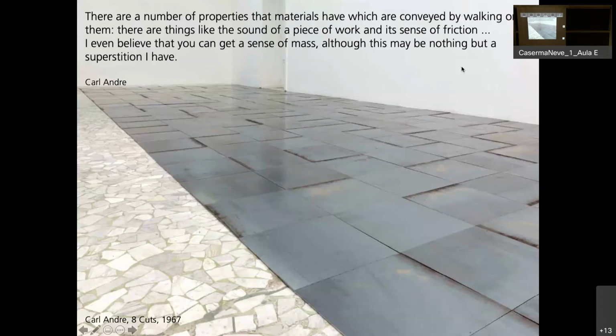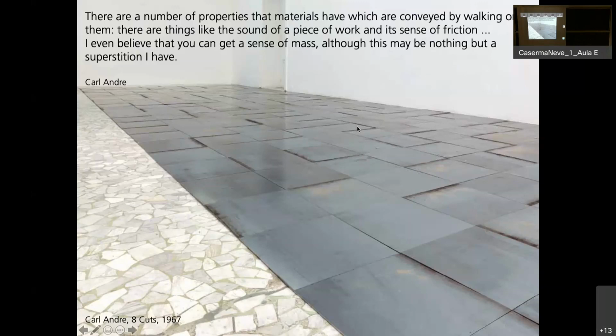There are things like the sound of a piece of wood and its sense of friction. He talks about this sense of friction. I even believe that you can get a sense of mass, although this may be nothing but a superstition I have. So, of course, maybe a gallerist would tell you not to walk over them, but the idea is actually that you should walk on them and experience a different sense of space according to the surface on which you're walking.